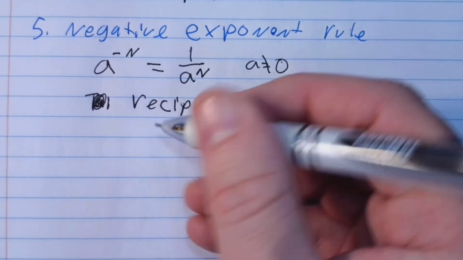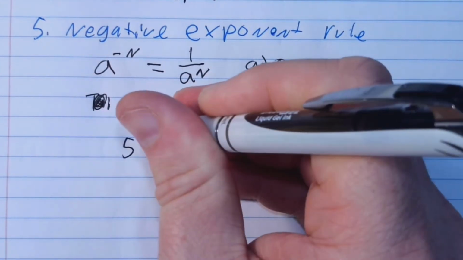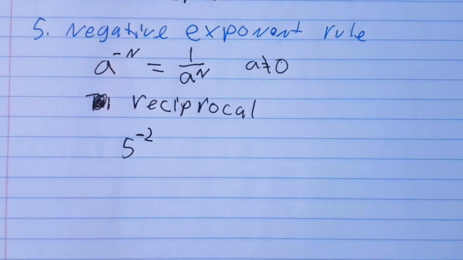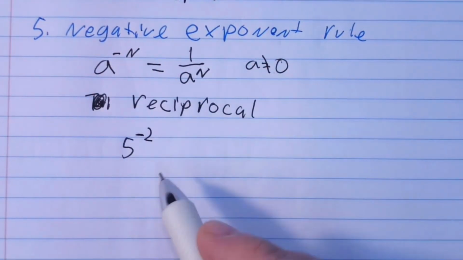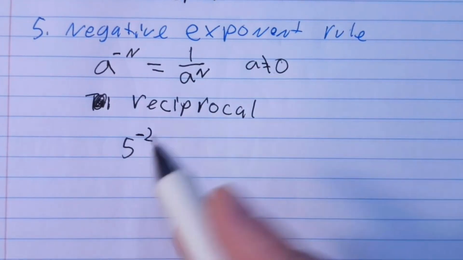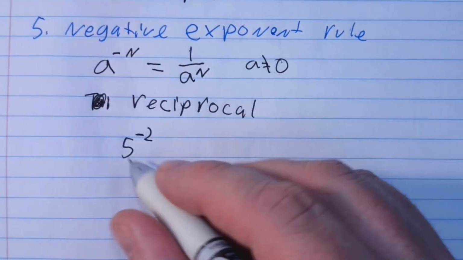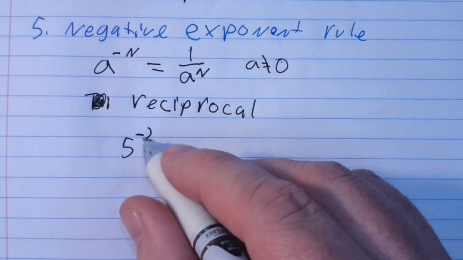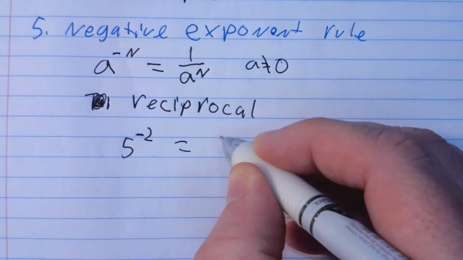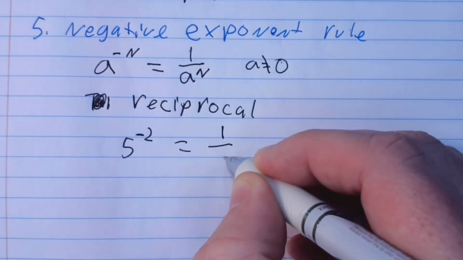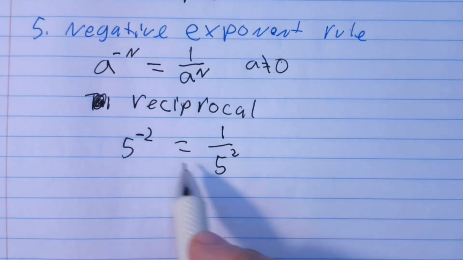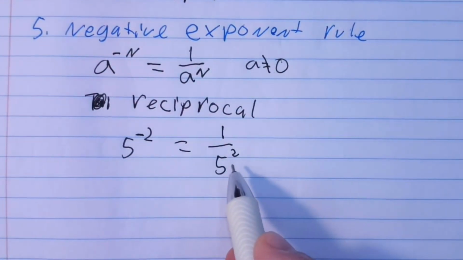So if I have a problem like this, 5 to the negative 2. Well, the first thing I want to do here is take the reciprocal. So the reciprocal of 5 squared would be this. Okay? Notice that I take away the negative.